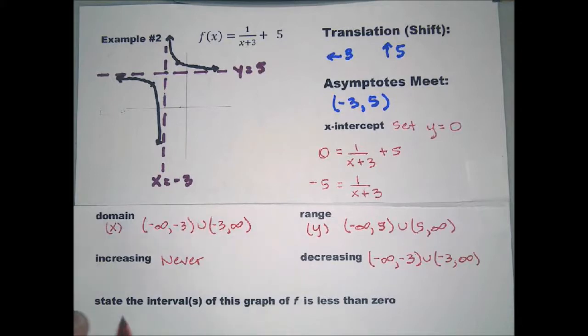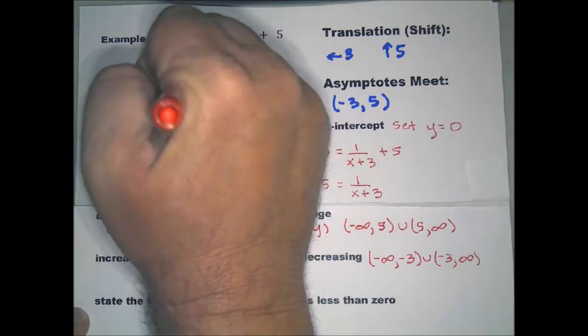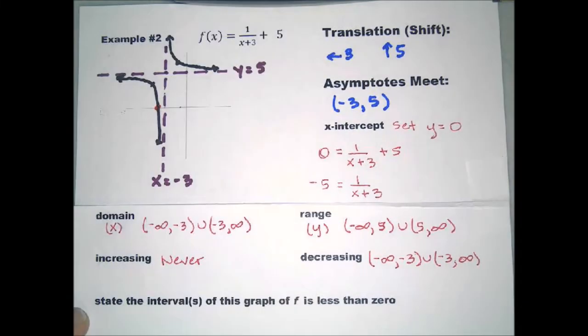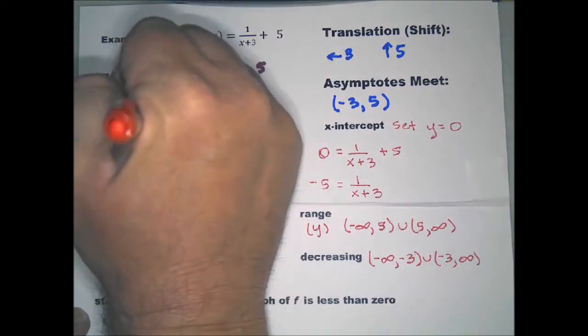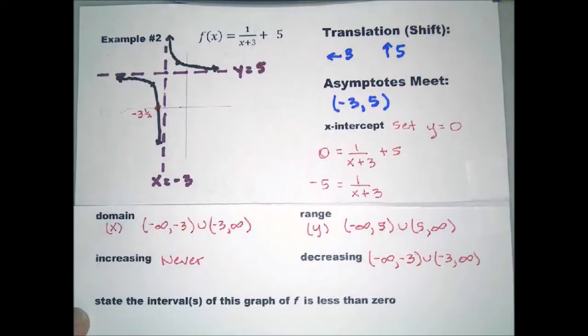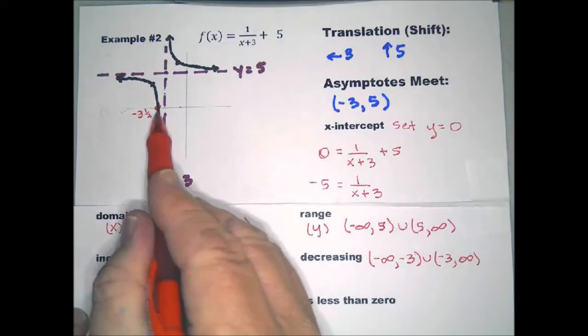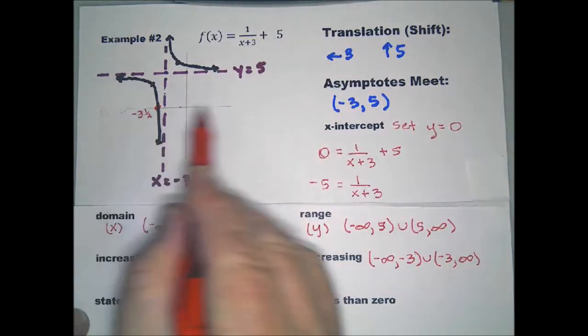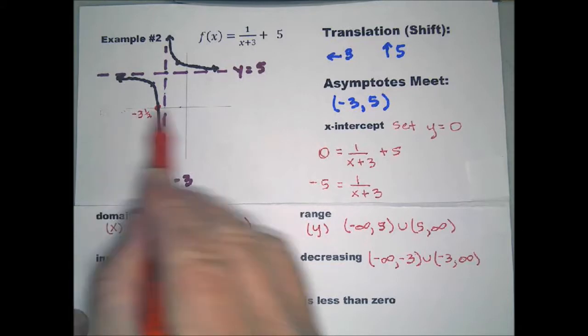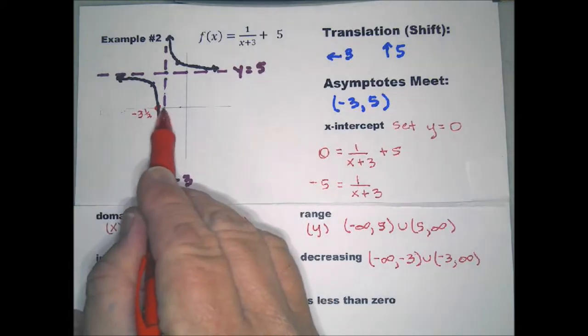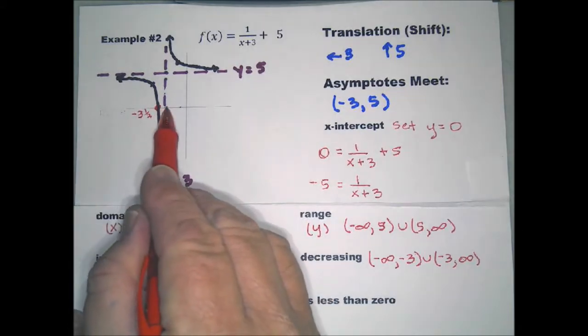And now state the intervals of the graph where f is less than 0. Now you already have done the answer to this, but it's tricky. Remember that x-intercept right there, and its value was -3 1/5? Well, this graph is below the x-axis in this tiny little region right here.